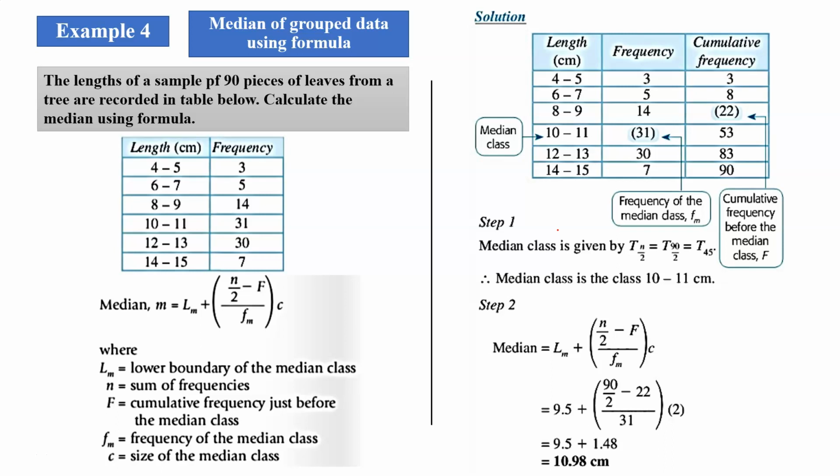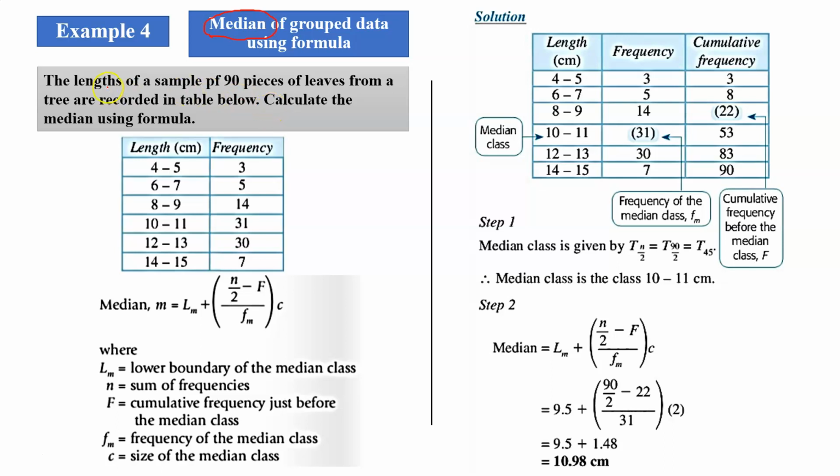Let's see more examples, but this one is for the median. We're going to learn the median for group data. That's why I skipped just now. The length of a sample of 90 pieces of leaves from a tree are recorded in the table below.